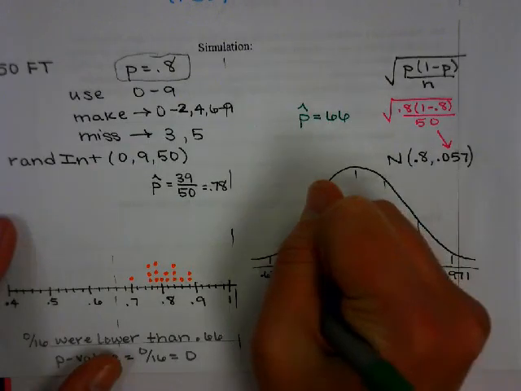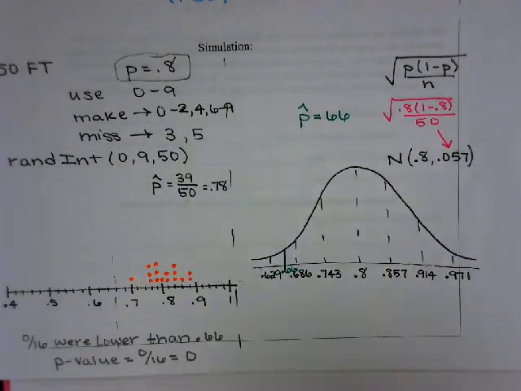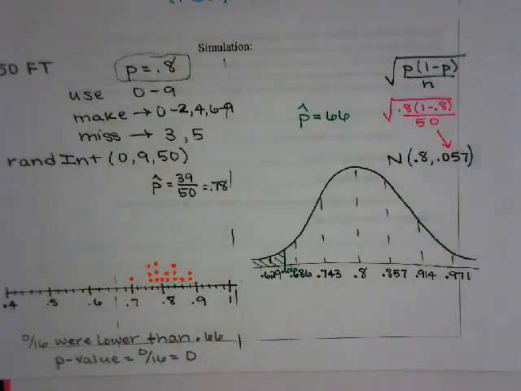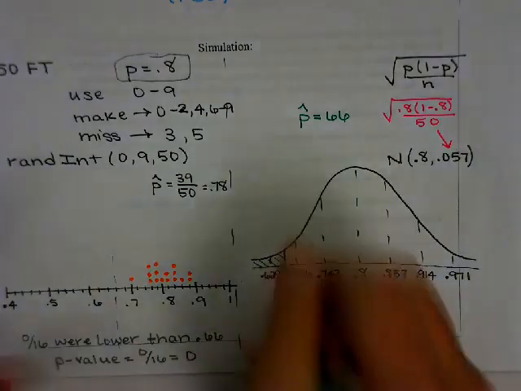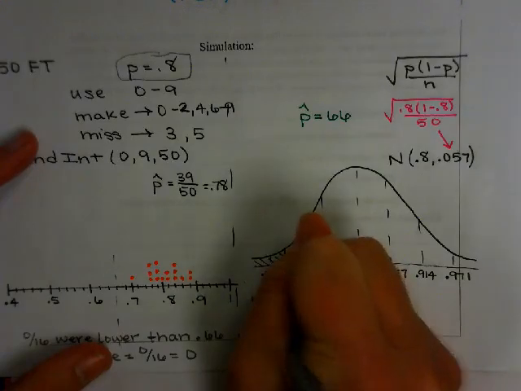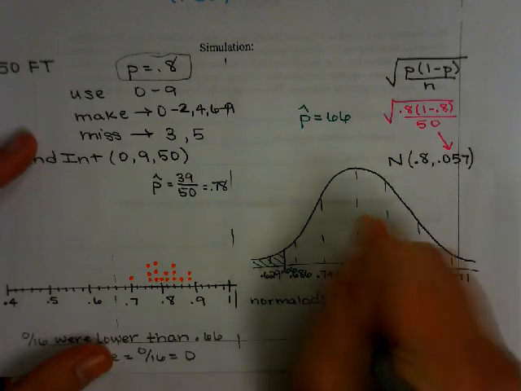Normal CDF. Lower bound is going to be some small number, like negative 1E99. Upper bound, 0.66. Mean, 0.8. Standard deviation, 0.057.